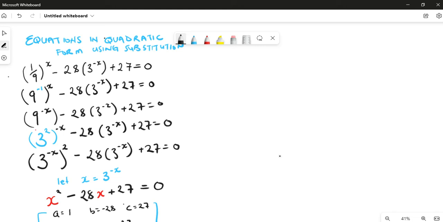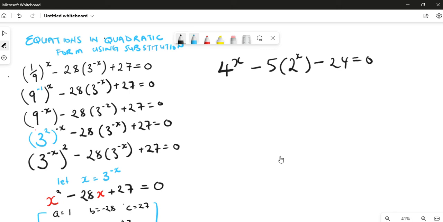We have 4 to the power x minus 5 to the power 5 minus 5 times 2 to the power x minus 24 equals 0. So the same thing here. Let's aim to put this 4 to the power x in the base of 2.